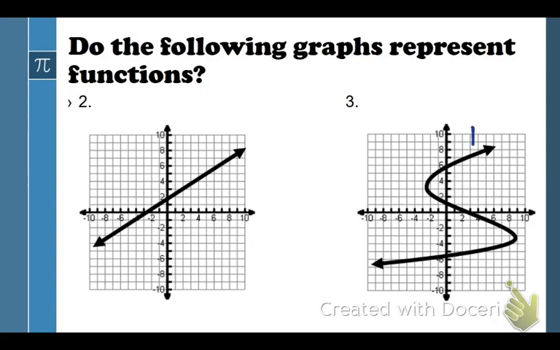If I were to draw a line right here, I actually hit this curve in 3 spots, yes? So if I put in a 3, an x of 3, into the box, I could end up with a 0, or I could end up with a 7, or I could end up with a negative 5. I have 3 options when I put that number in the box. So, not a function.